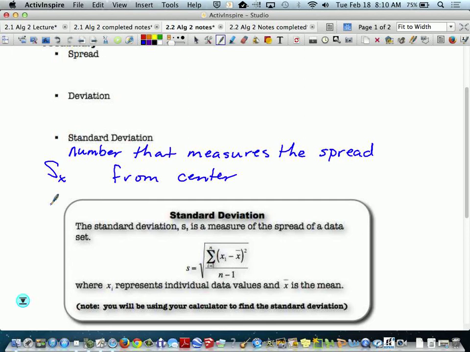Anything else on your packet that we need to get down? Outliers. I do want to talk about outliers very quickly.